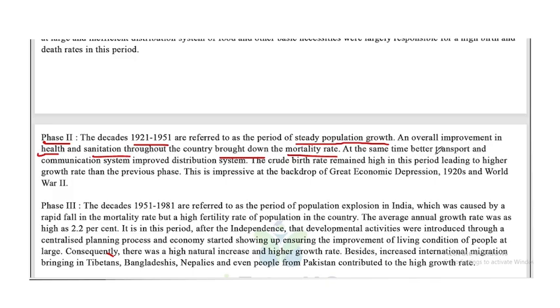At the same time, better transport and communication systems improved the distribution system. The crude birth rate remained high in this period, leading to a higher growth rate than the previous phase. This is impressive against the backdrop of the great economic depression of the 1920s and World War II.